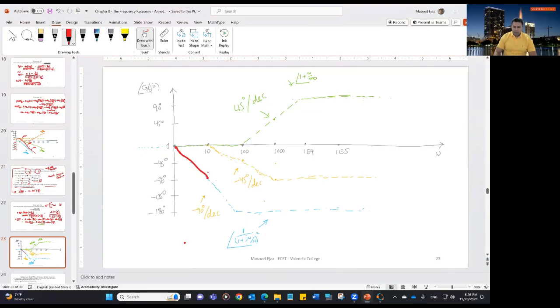Once you get to that point, then you're going to add the phase of this into phase of this as well. And that's going to be an even steeper slope. It's going to be negative 45 and negative 90, so it's going to drop down with negative 135 degrees per decade until it will hit negative 90 and negative 180, 270 degrees. So it's going to hit 270 degrees.